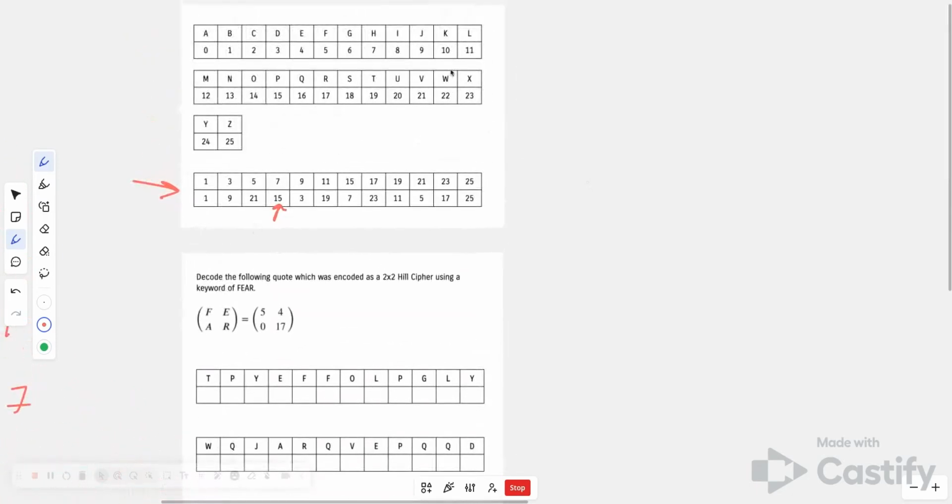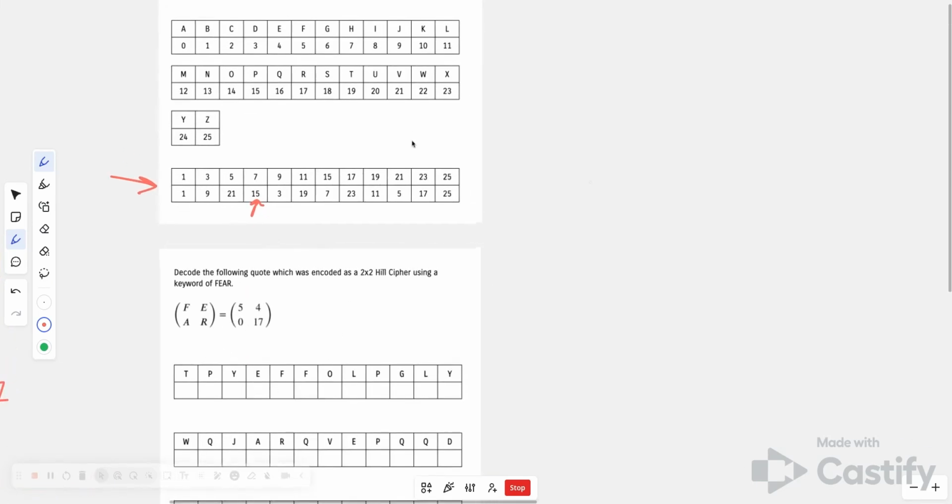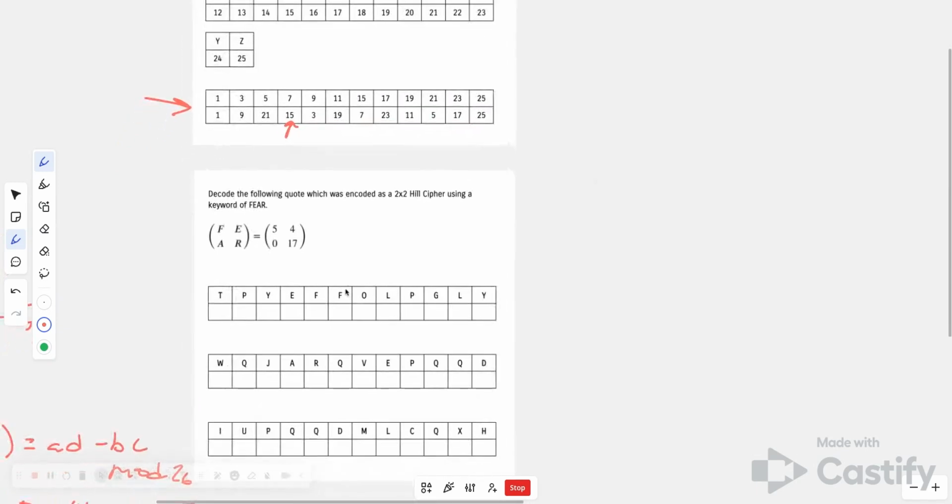It gives it to you in a table in the reference sheet, and I would highly recommend memorizing this because you're going to need them often. Once you get the hang of it, you're going to start remembering certain numbers like A0, Z25, and some others in between. You have to convert all these letters into the corresponding numbers, and it makes it much easier and faster to do at the competition if you memorize this table.